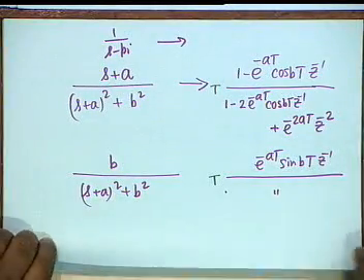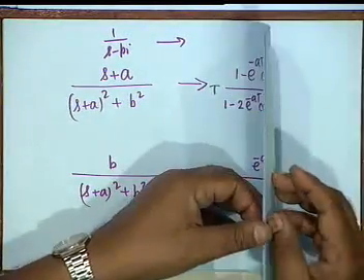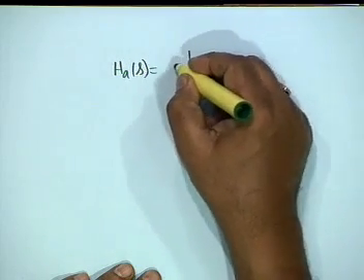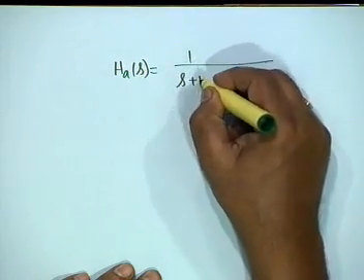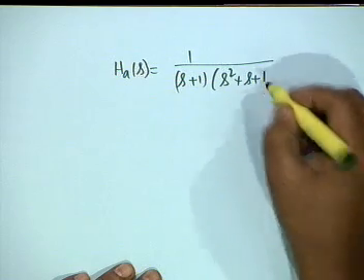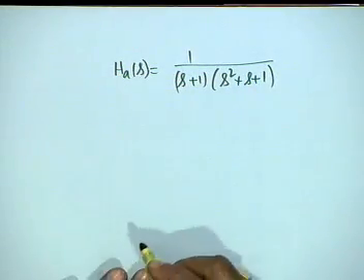We will take an example now. Fairly illustrative example. Our example is a third order low pass Butterworth function. You know it is 1 over s plus 1 times s squared plus s plus 1. Alright.